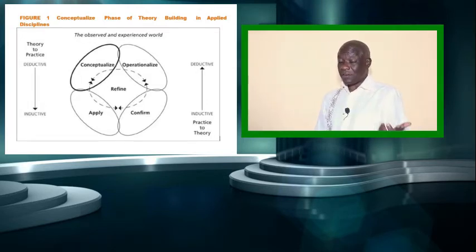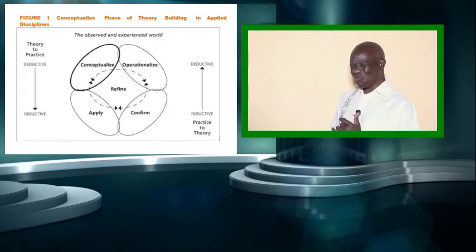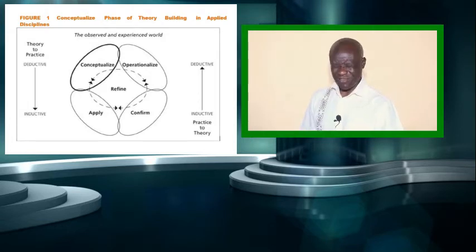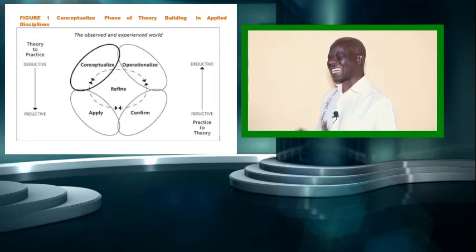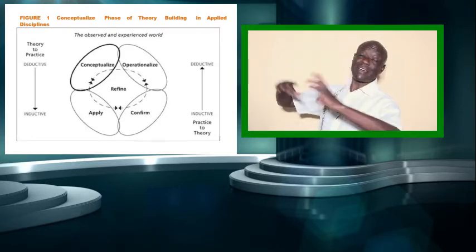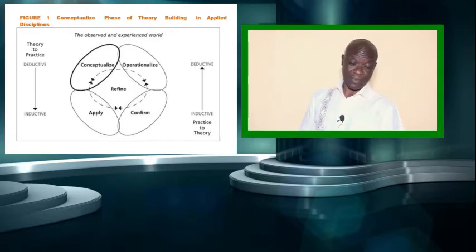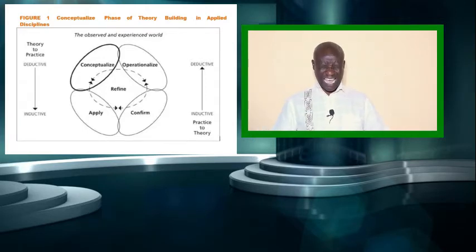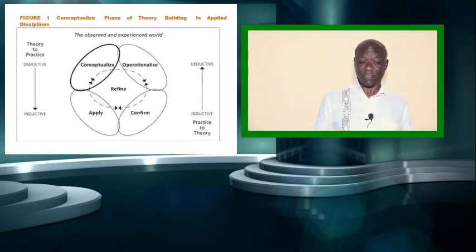If you recall from the previous lectures, I told you that a theory is as good as its utility. A good theory is one that is able to explain reality. You are able to capture a greater portion, if possible cover the entire description, of reality out there. So that's why we are concerned with operationalization, because we want to know the utility of the theory.